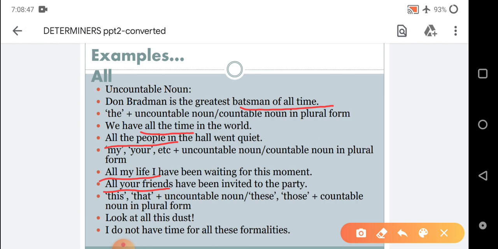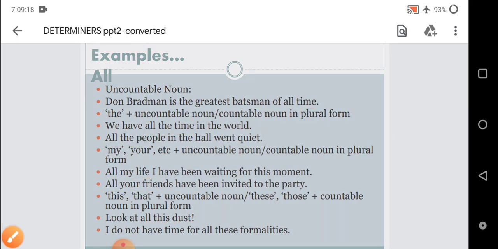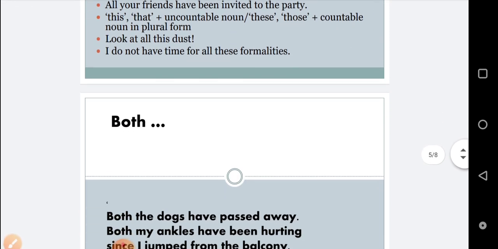I am sure almost all of you would have come across such a sentence. And then what do you reply to your mom? Mom, I do not have time for all these activities. I am too busy with my work. So this is how all can be used in a combination of demonstratives plus countable or uncountable noun.